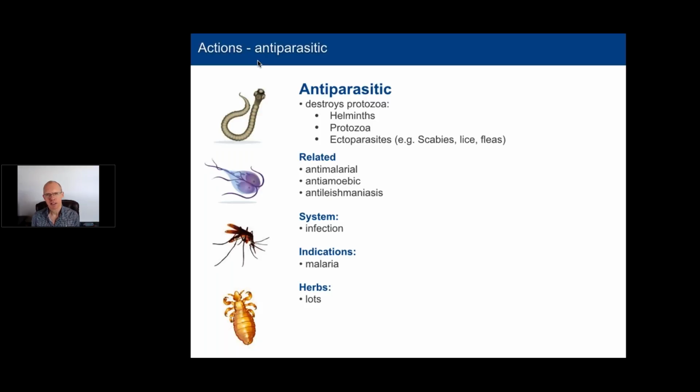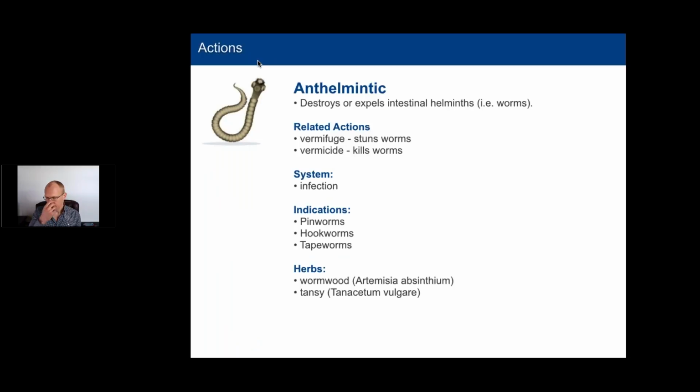When it comes to antiparasitic herbs, there's a bunch of herbs that have this action, and it can be broken down into more specific terms. So an anthelmintic basically helps to destroy worms. A helminth is a worm. So pinworms, hookworms, and tapeworms are all different types of helminths.